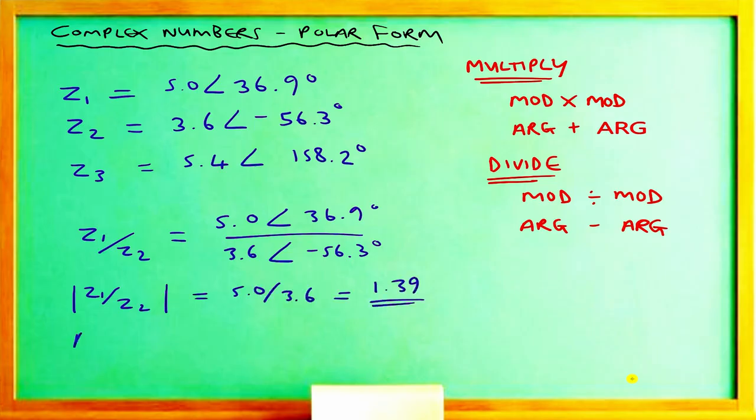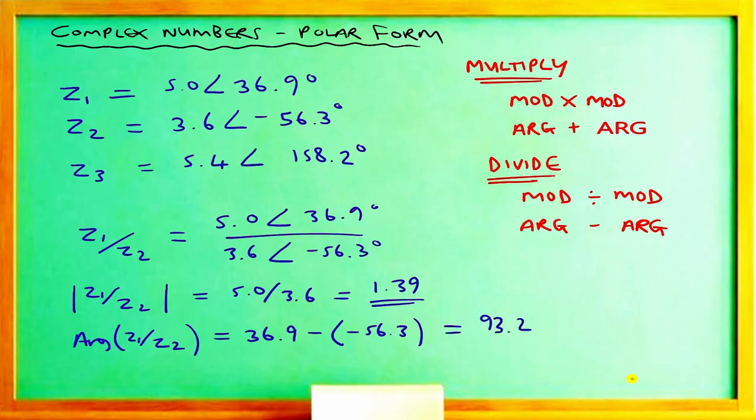And the argument of z1 over z2 is the number on the top, the 36.9, minus the number on the bottom, minus 56.3. Recall that that's just the same as adding 56.3, and that comes out to be 93.2. Therefore, z1 over z2 equals 1.39 at an angle of 93.2 degrees.